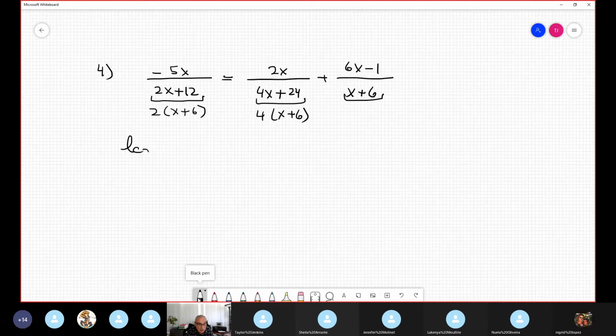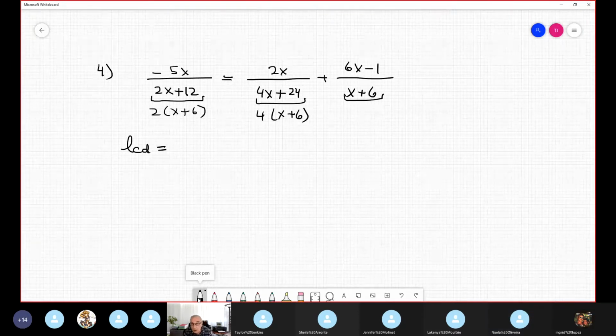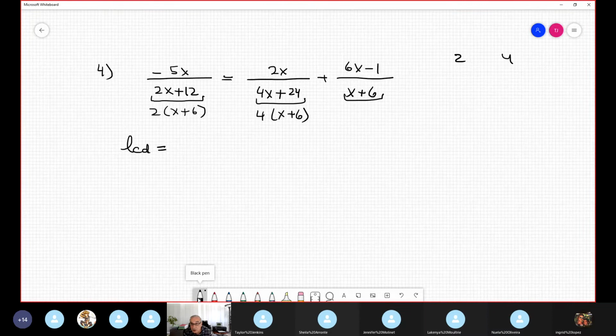The least common denominator. Where is our least common denominator? Help me, guys. What is the least common denominator between 4 and 2? No, it's 4. Look, 2 is prime, and 4 is 2 times 2. And remember, the rule of the least common denominator is different from the greatest common factor.